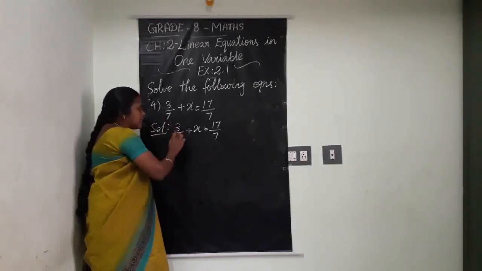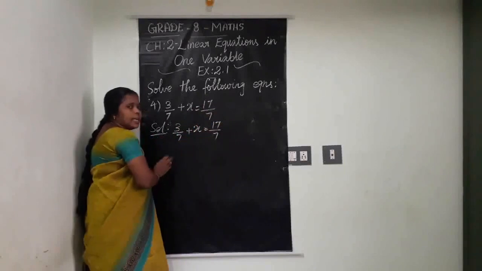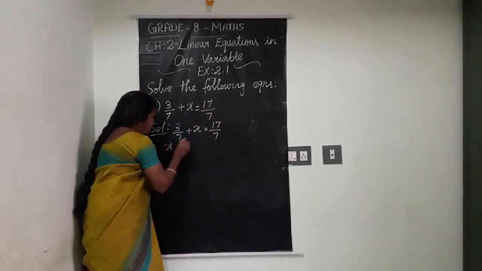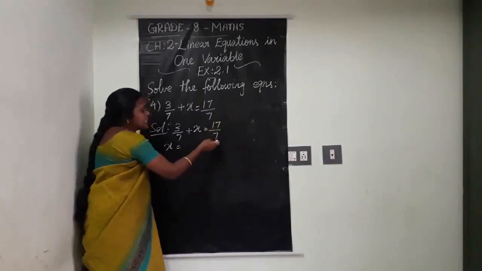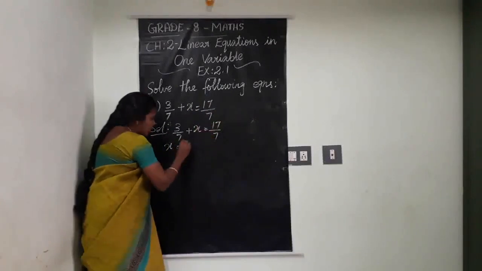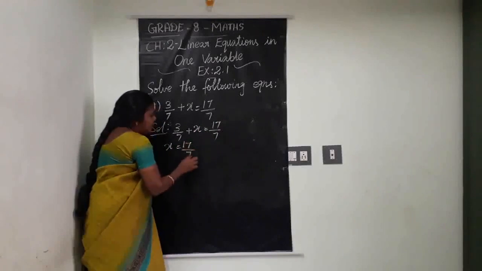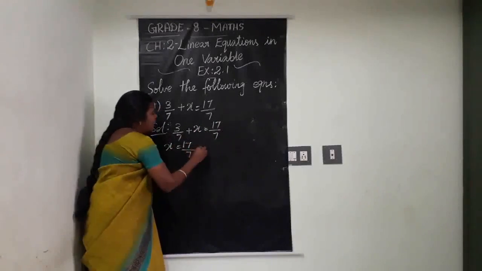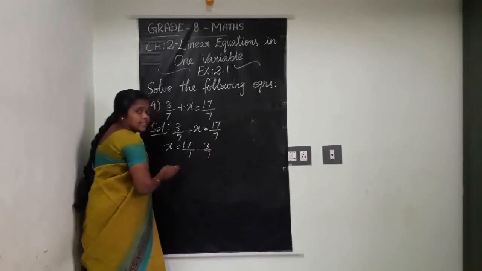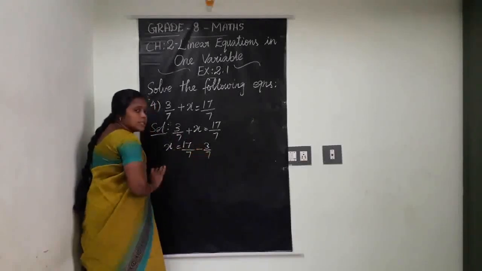Clear children? That I am going to shift to the right hand side. At that time the sign becomes minus. Clear? x equals what is already present there, 17 by 7. So write that first. 17 by 7 minus 3 by 7. Difference between like fractions. No need to take the LCM here.